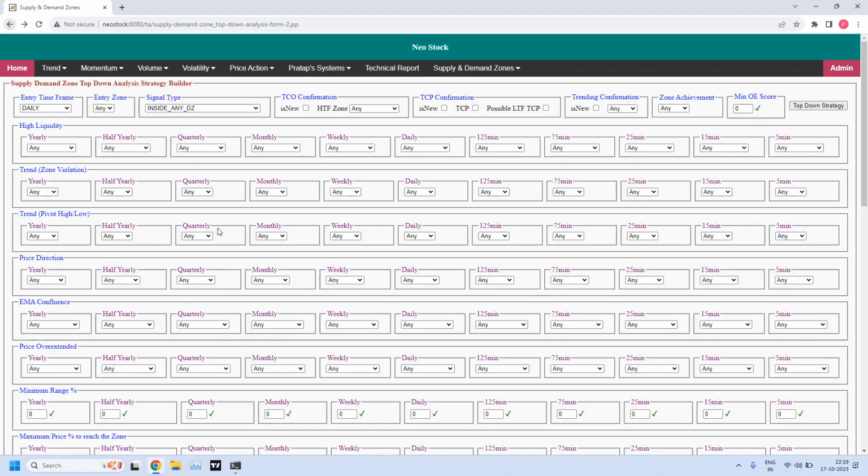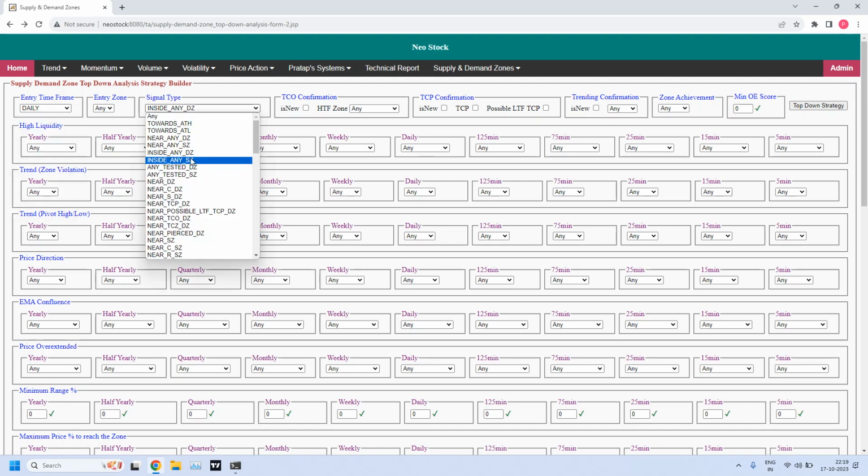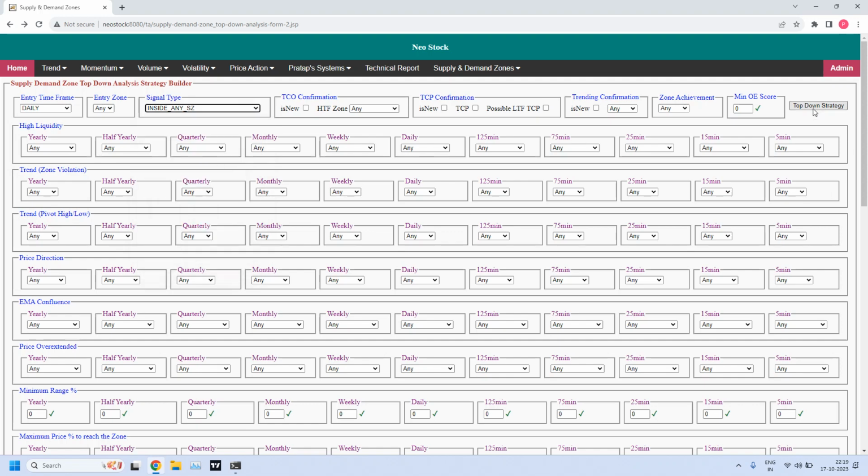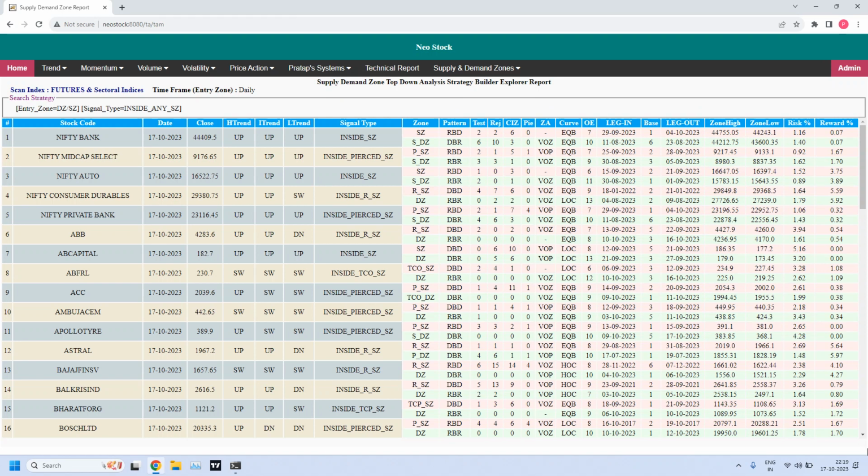So let's go back. For entry time frame daily, let us find the stocks where price closed inside the daily supply zone. It looks like we have a big list. This is the filtered list. I will keep on scrolling. Always remember, whichever stock you want to refer to, pause the video and study the parameters.